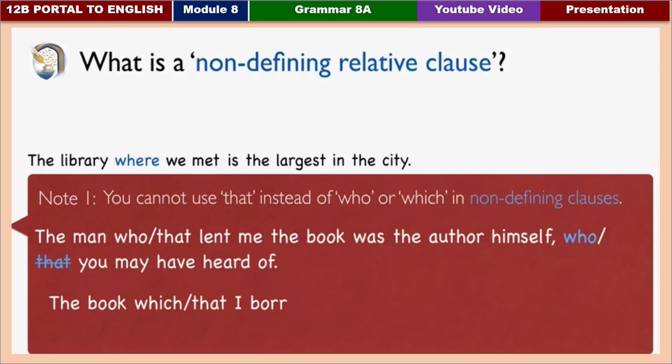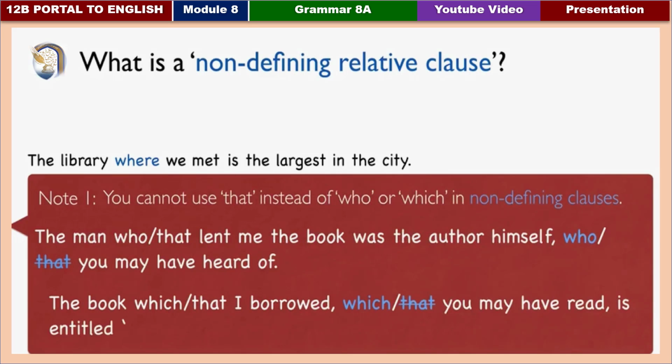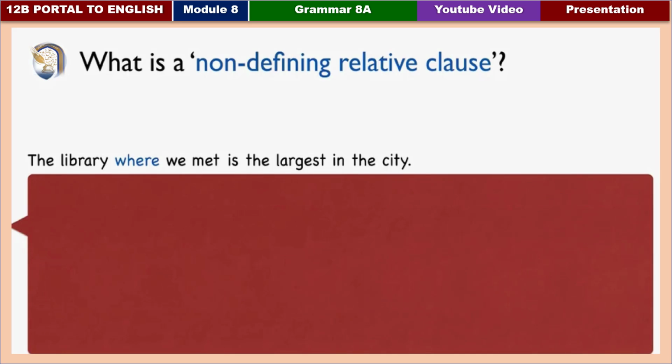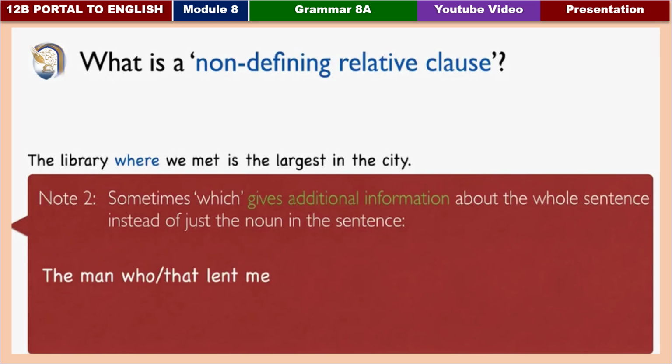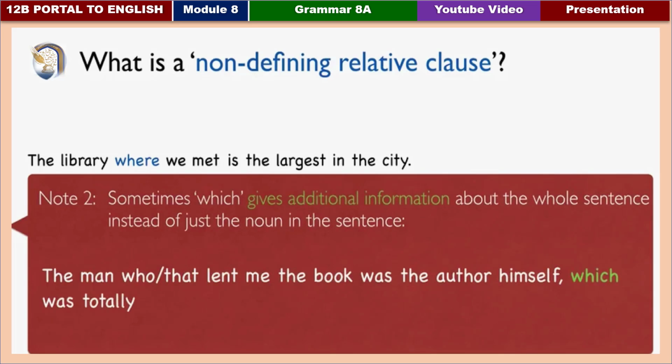Or, the book which or that I borrowed, which you may have read, is entitled Peace. You must not use that in the non-defining clause. Also note that sometimes which gives additional information about the whole sentence instead of just the noun in the sentence. For example, the man who lent me the book was the author.